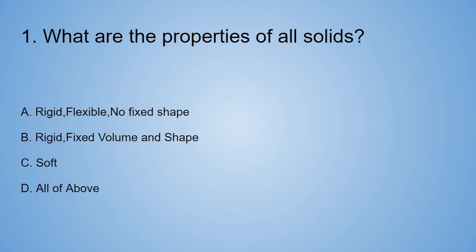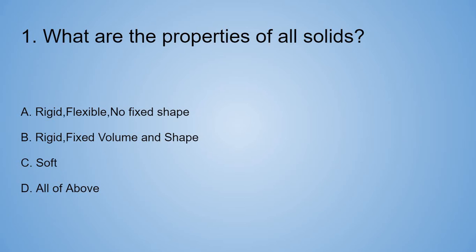Yes, a solid is rigid, but it's not flexible. So the answer is not A. Now, option B. B can be the answer. Solids are all rigid and solids all have a fixed shape and volume. So B can be the answer, but let's look at the other options. C. Soft.